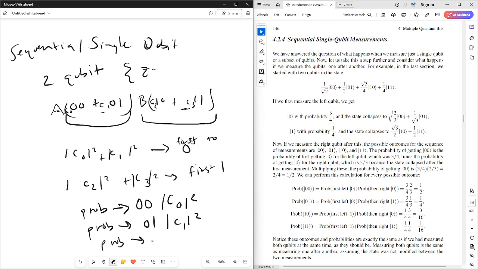So we break it down into we measure, it collapses, and then we measure again, and it'll collapse to one of these final states in our superposition when we measure the second qubit.